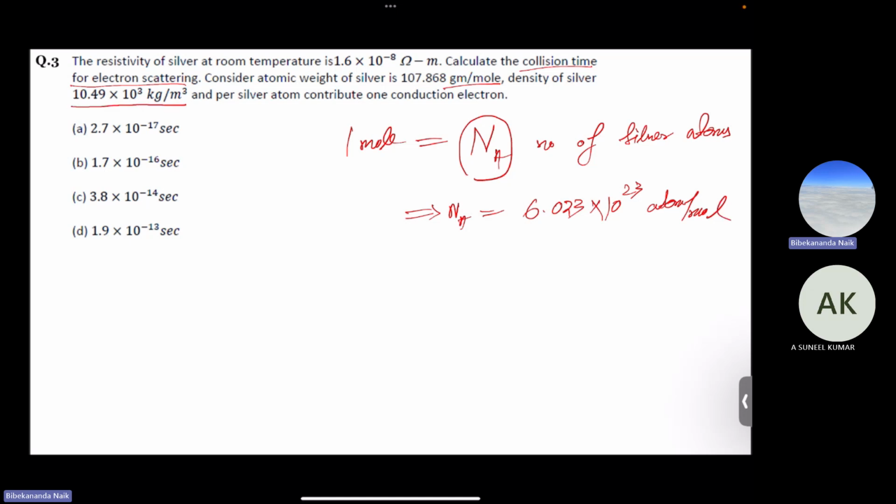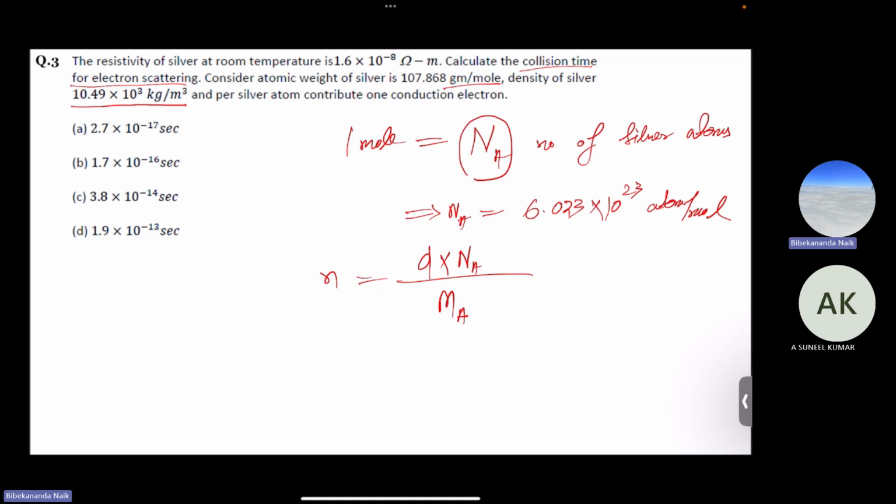also here the density of silver is given. So what will be the number of silver atoms? The number of silver atoms will be N equals the mass density of silver, D, into Avogadro's number Na divided by the mass of silver, Ma. Got it?